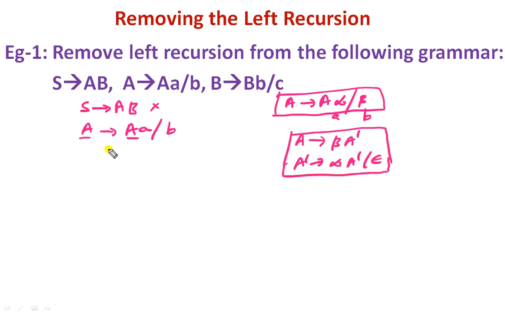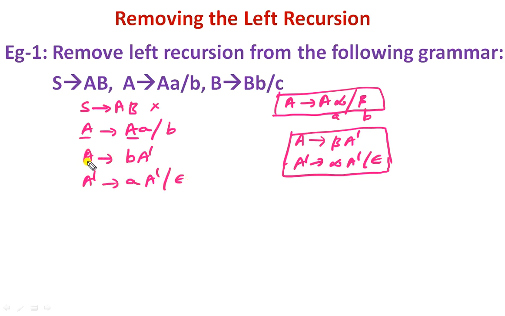Now just apply the same logic, then we get A generates B A dash and A dash generates A A dash or epsilon.